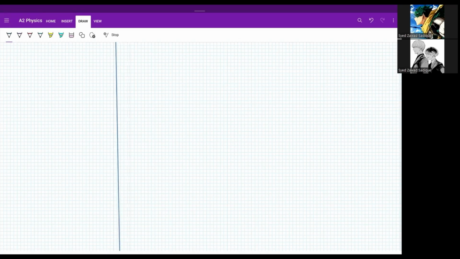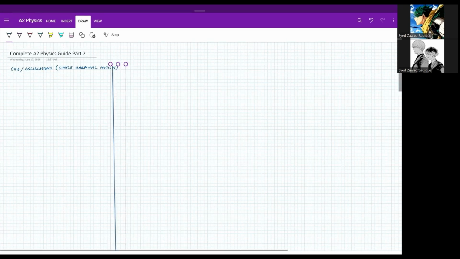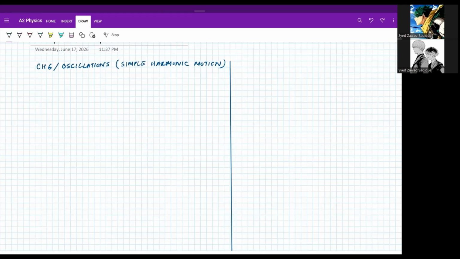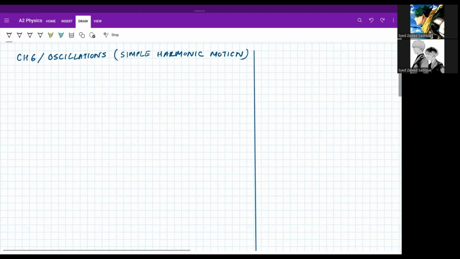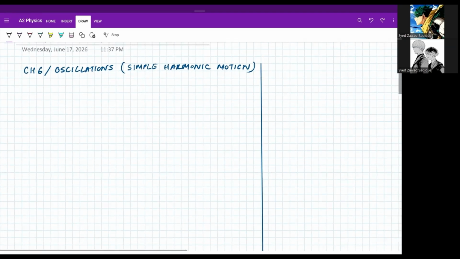We are going to need this, trust me, because simple harmonic motion is very big. Okay, let's start. There are very few concepts, definitions and repeated past paper questions in simple harmonic motion.